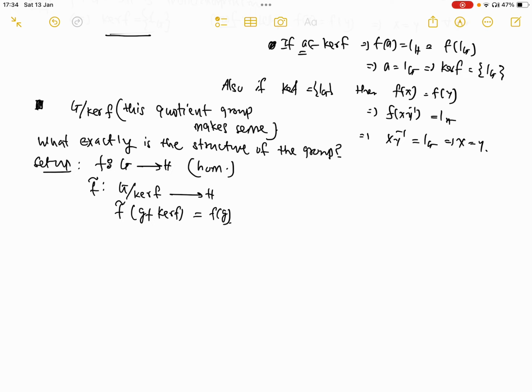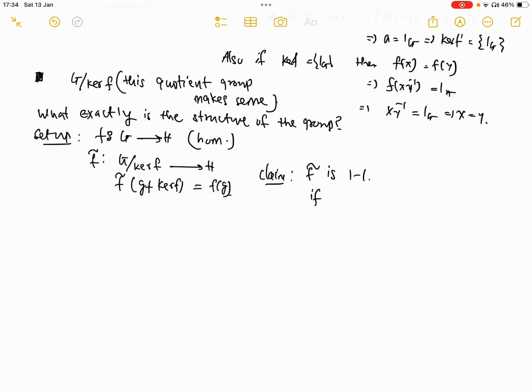And so now my claim is f tilde is injective, because say if f tilde of g kernel f is the identity, then you get f of g is the identity, but that means g is in the kernel.